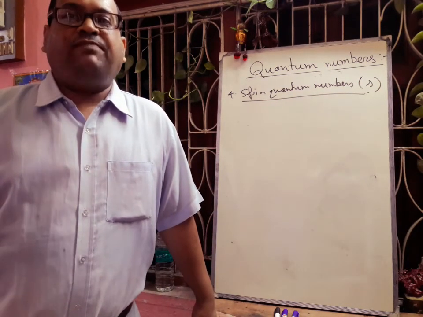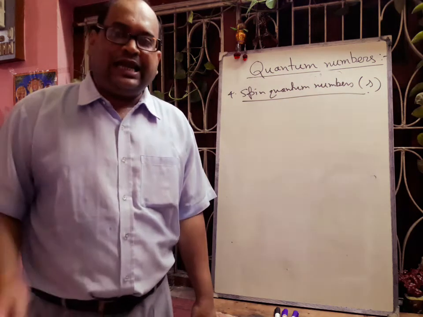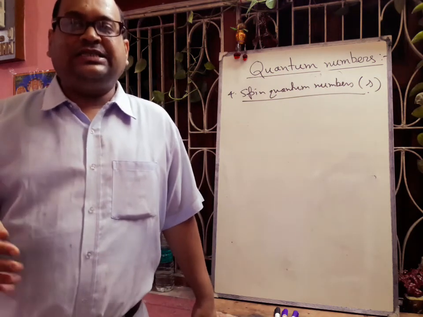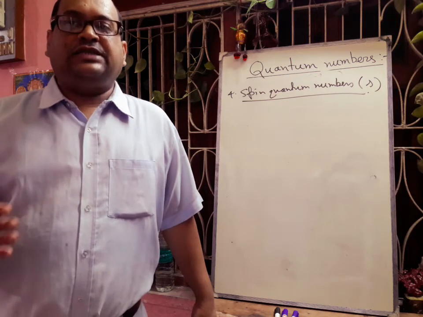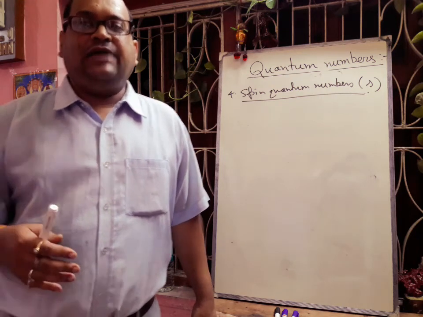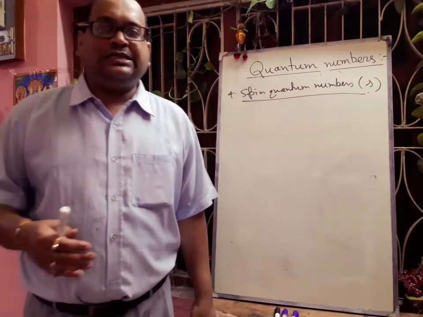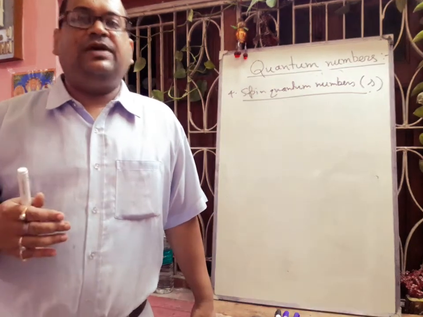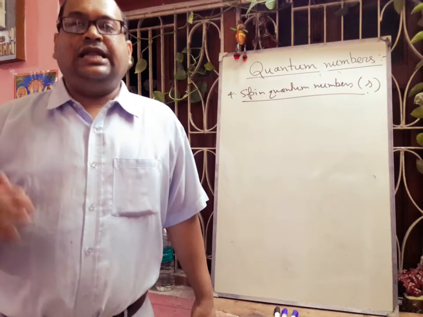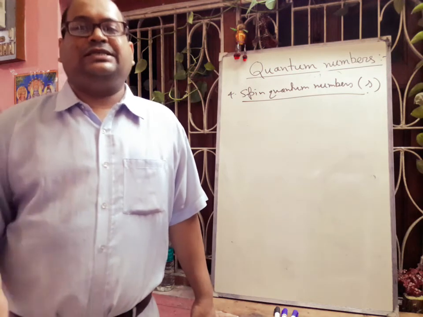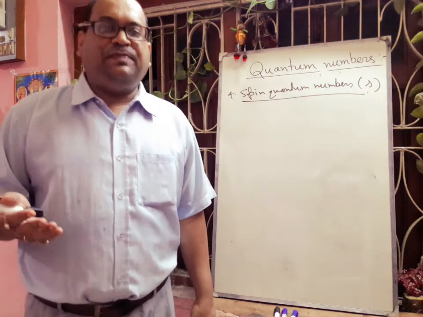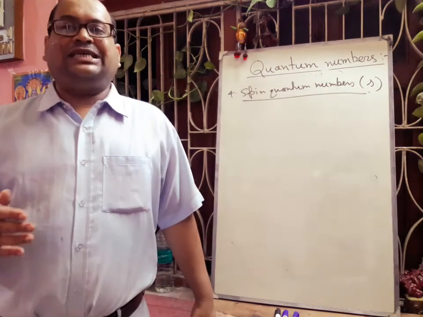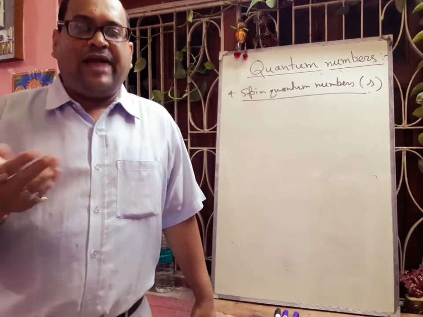That is, half of the atoms were deflected in one direction and the rest in the opposite direction. This means that the silver atoms are acting like magnets, half pointing in one direction and the other half in the opposite direction.